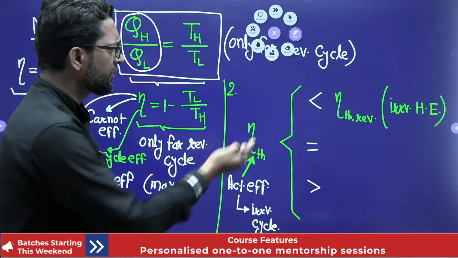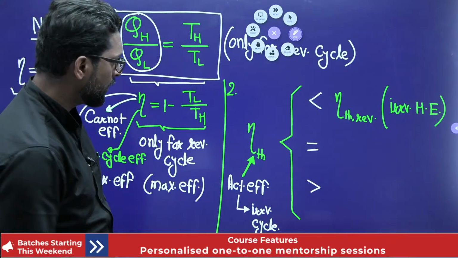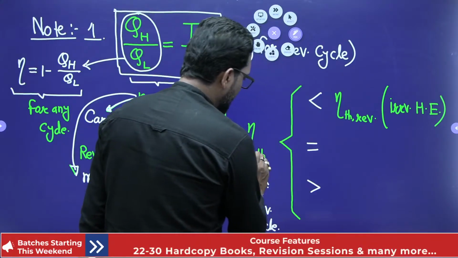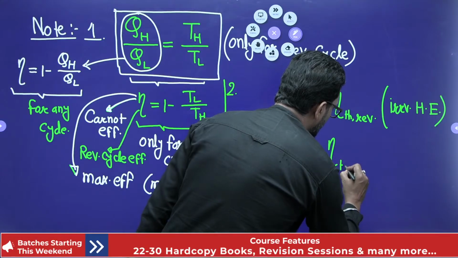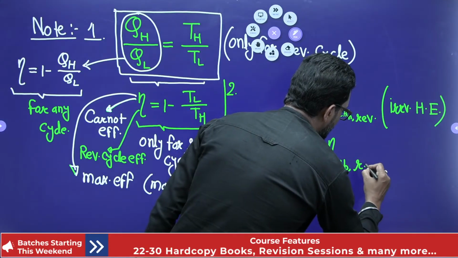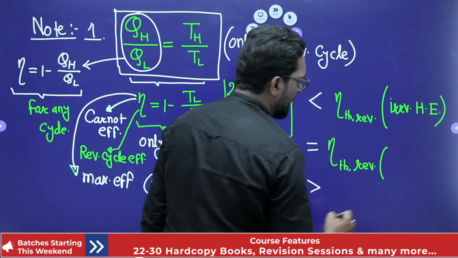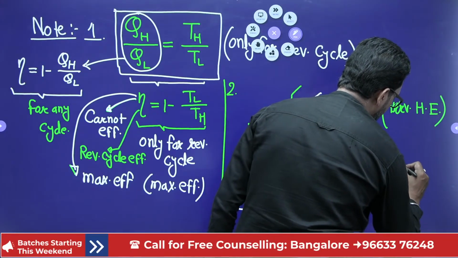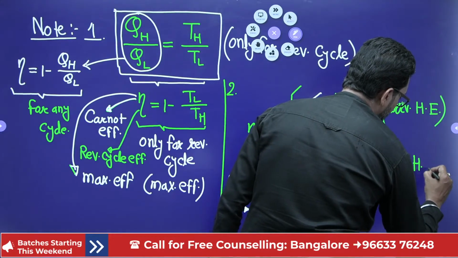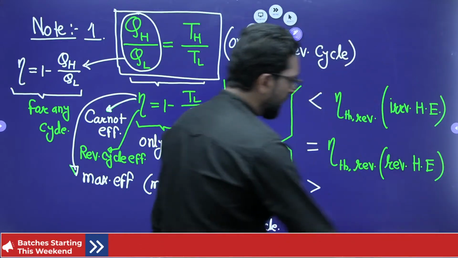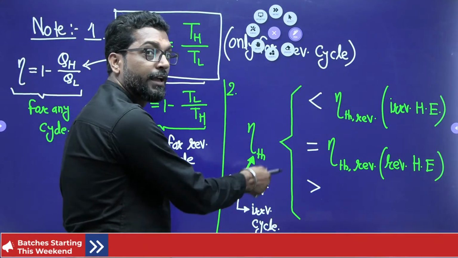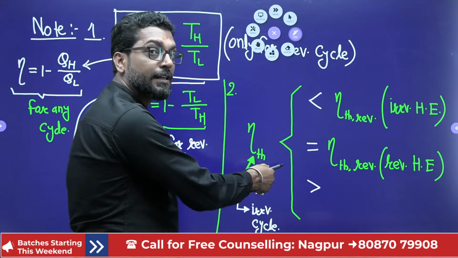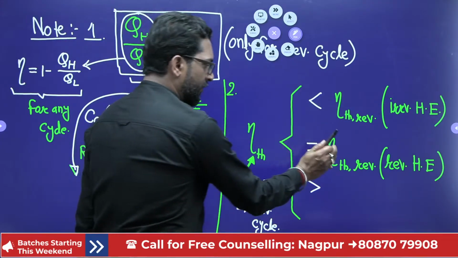Yes, this is the Carnot principle. Now, if the thermal efficiency is equal to the thermal efficiency of the reversible cycle, then this must be a reversible heat engine, because the efficiency is equal.